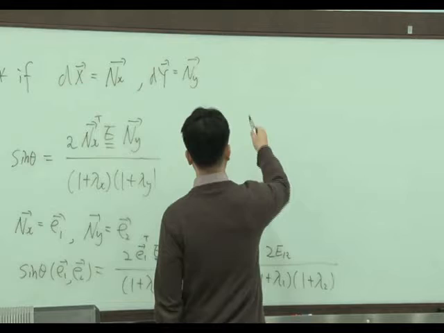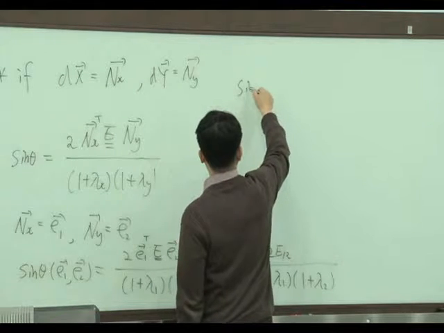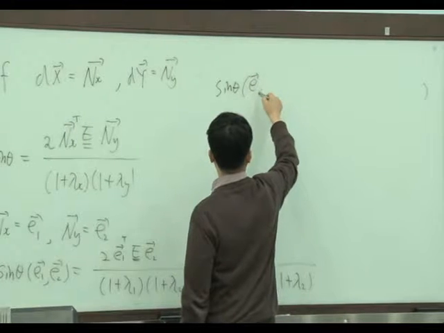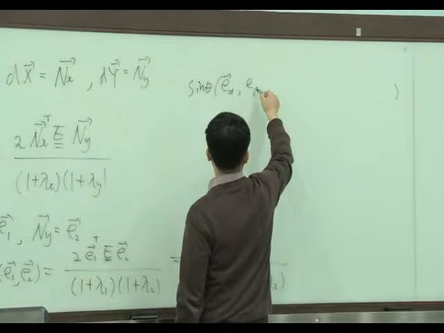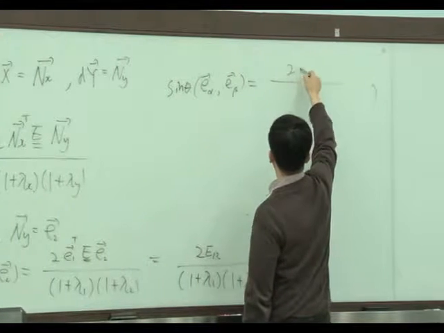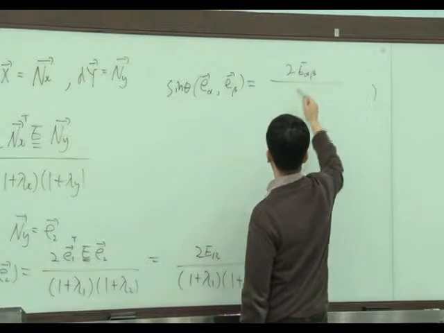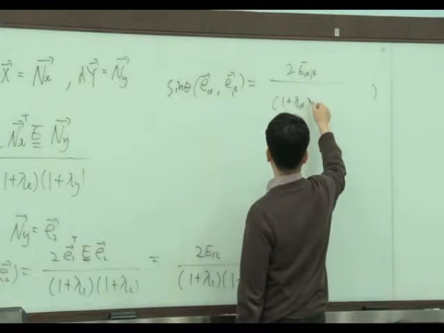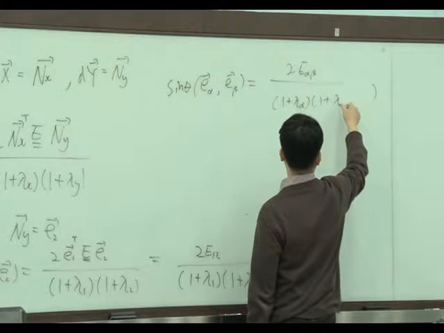So generally, sine theta for E alpha, E beta equals 2 E alpha beta divided by 1 plus lambda alpha, 1 plus lambda beta.